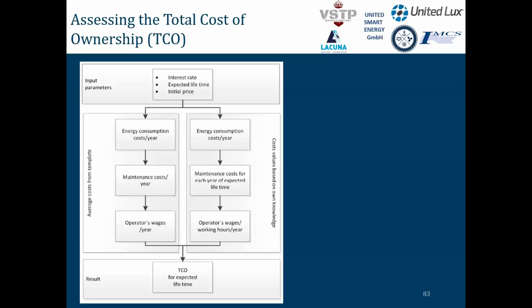The total cost of ownership should be assessed, including the interest rate, lifetime, and initial cost. Then you have the average cost when it runs, energy consumption, and the salaries for your operators. In the result, you have the total cost of ownership for the life.